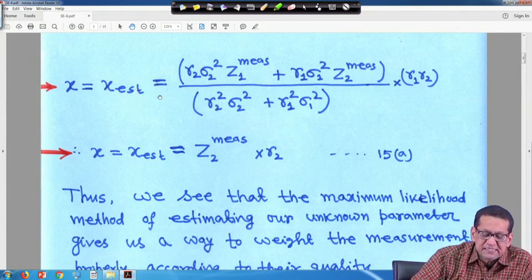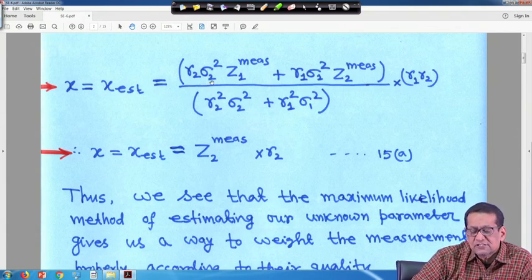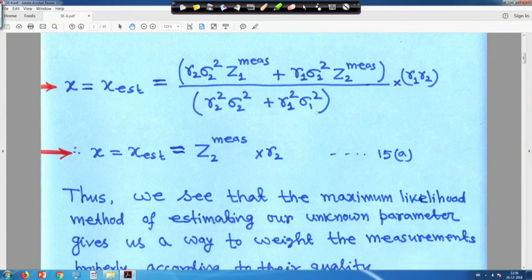You can write x equals x estimated equals (r2 sigma2 square z1 measure plus r1 sigma1 square z2 measure) divided by (r2 square sigma2 square plus r1 square sigma1 square) into r1 r2.